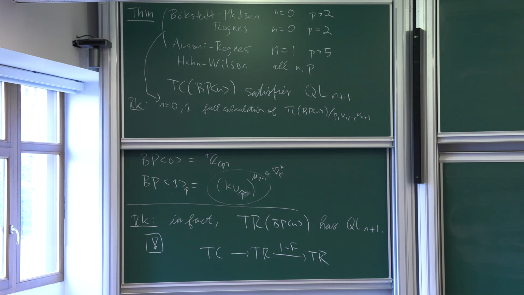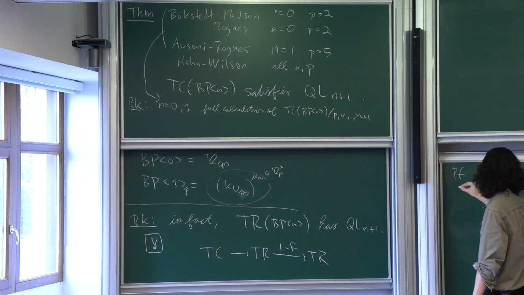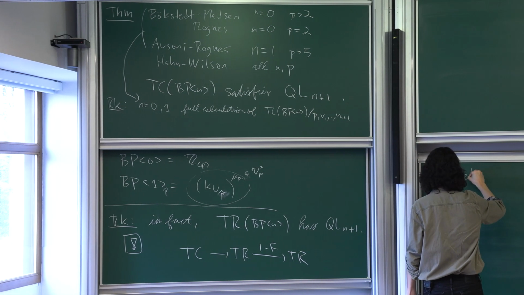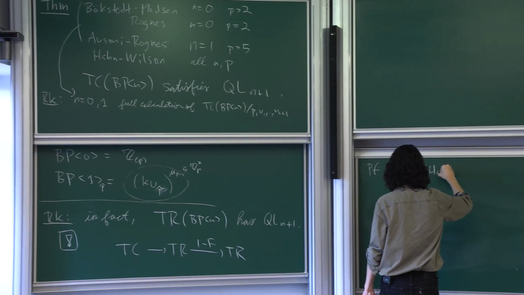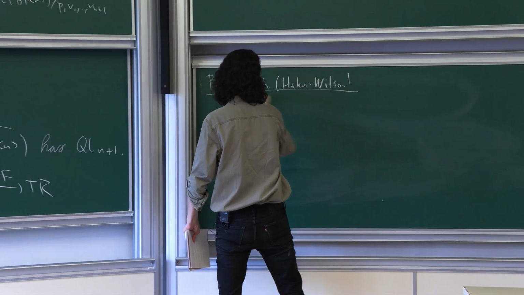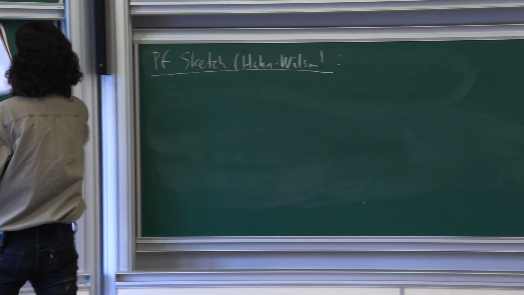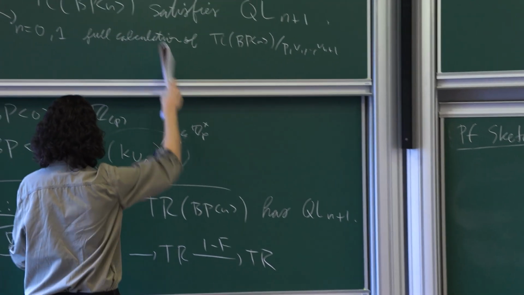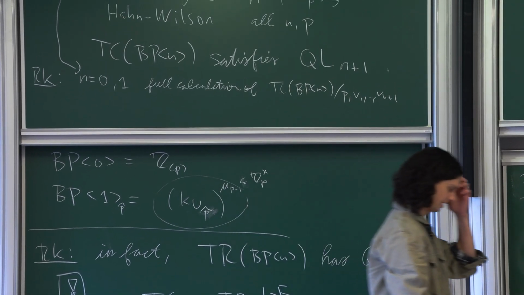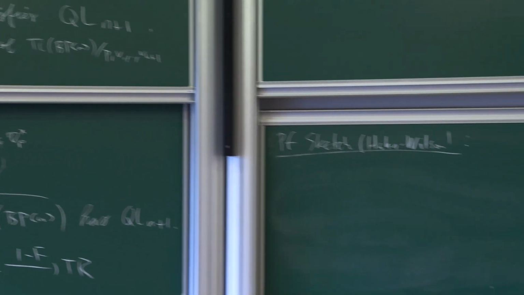Okay, so I want to give a sketch of the proof of this theorem, following Hahn and Wilson. So I'm just going to sketch the TC, not the stronger thing. I won't tell you how to get the stronger thing from the same conclusion.